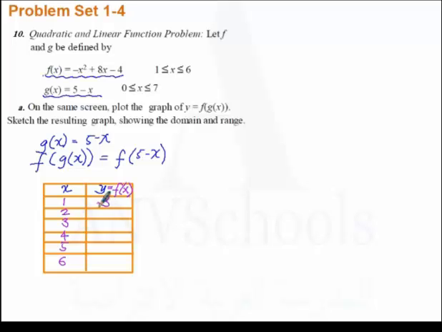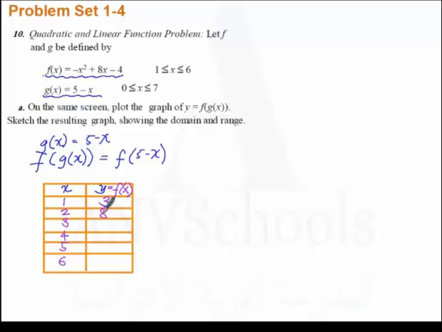If x is equal to 2, that's negative 4 plus 16 minus 4. So that would be 16 minus 8, so it's 8. If x is equal to 3, that's negative 9 plus 24 minus 4.